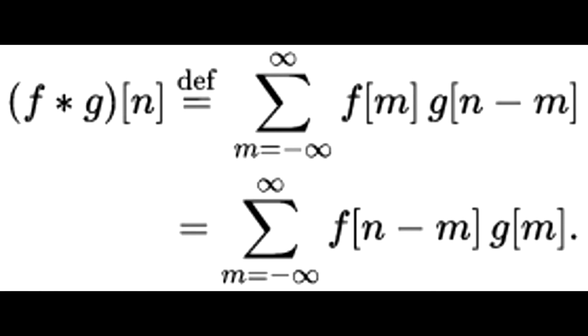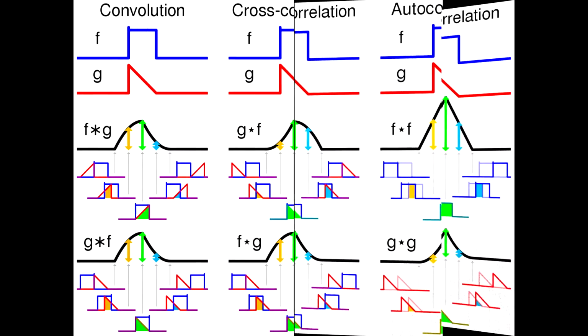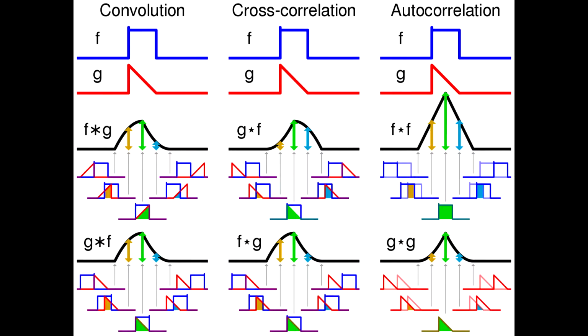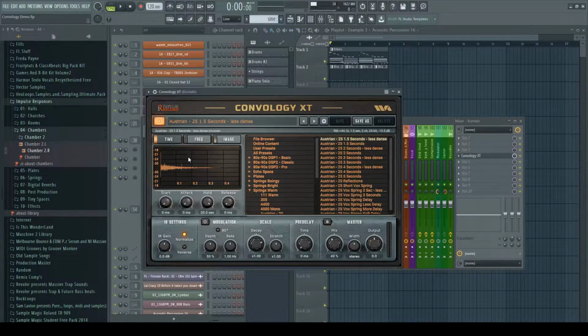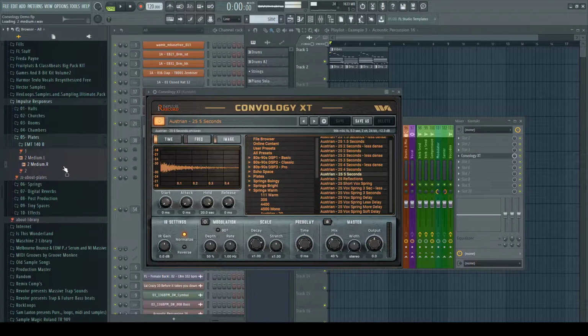Convolution Reverb uses a mathematical process called convolution. In a similar way that addition takes two numbers and produces a third number, convolution takes two signals and produces a third signal. What two signals are we mixing to get a third? Well, the first is an impulse response from a space. This response characterizes how the space responds to hearing frequency ranges, so it will encode the space's sound into it.